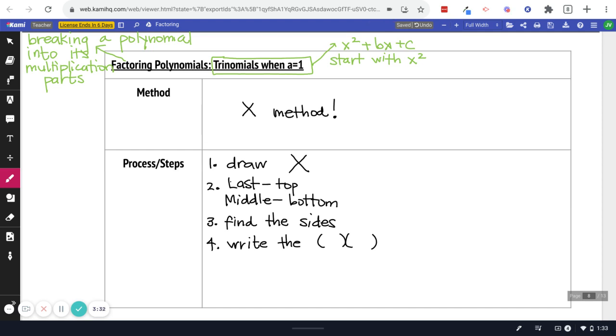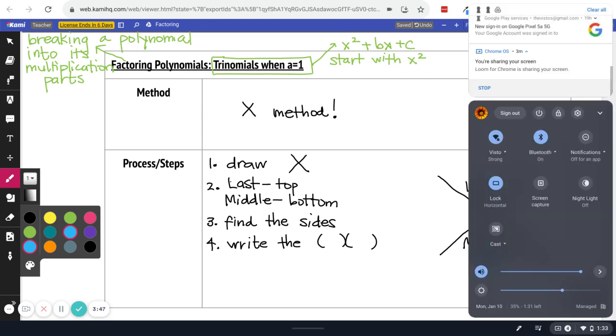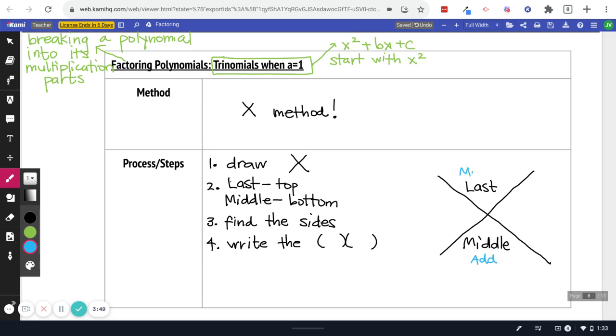So just really quickly, here's our X. This is the last number. This is the middle number. This is the number we're trying to get when we add. This is the number that we're trying to get when we multiply.